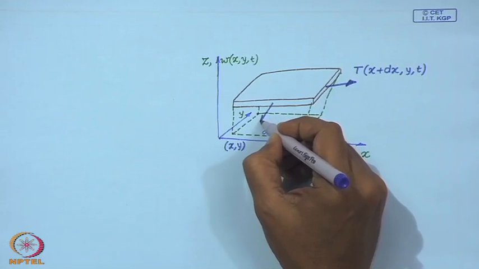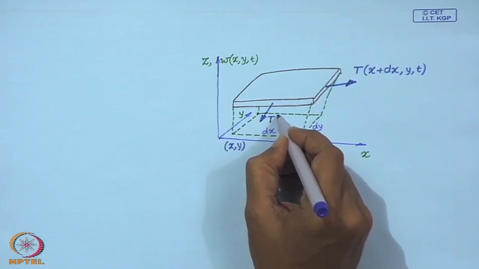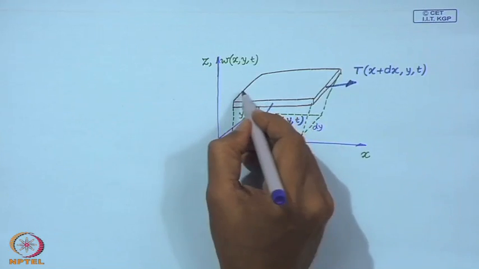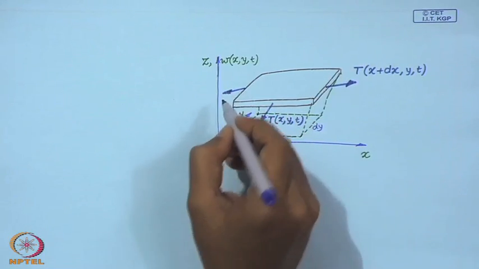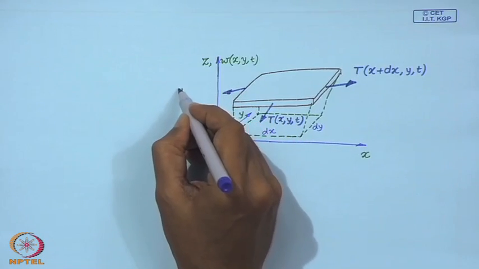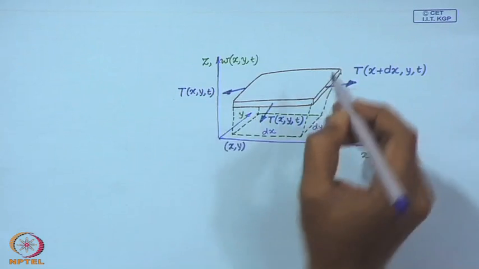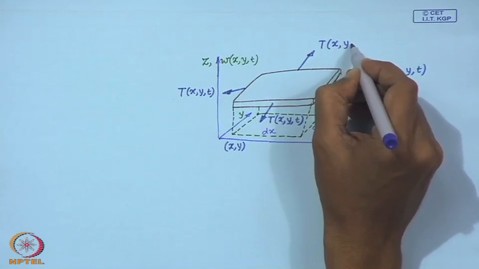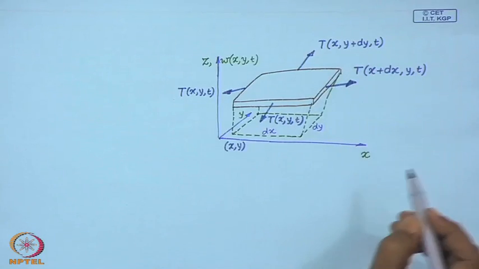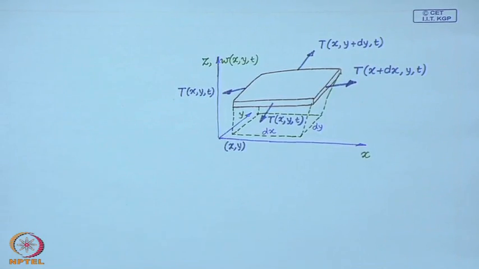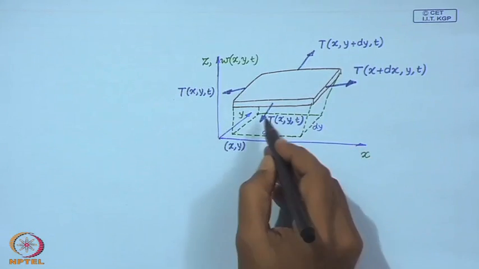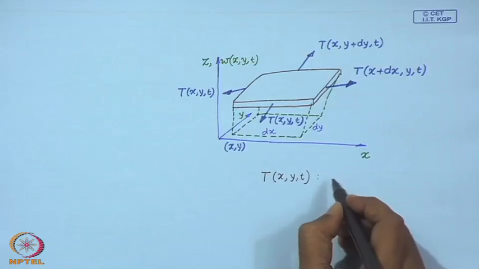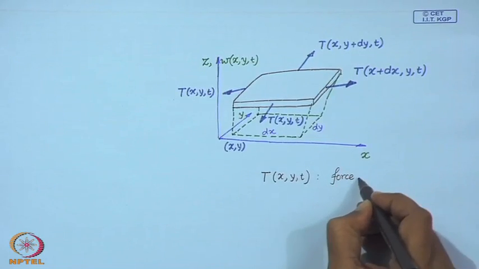Similarly, the force on this edge is T x y t. So these are the forces acting on this little element. Now, here this T is the force per unit length.